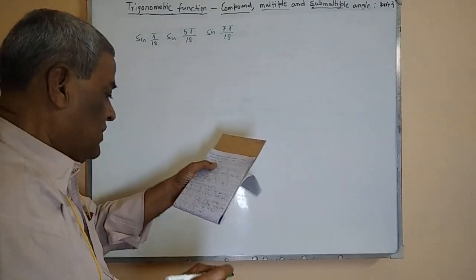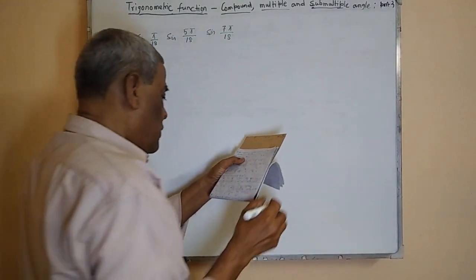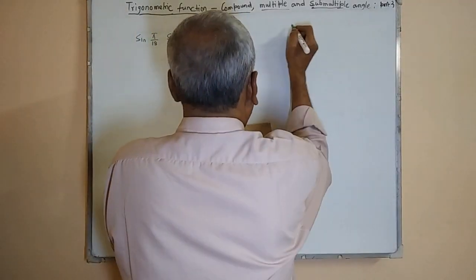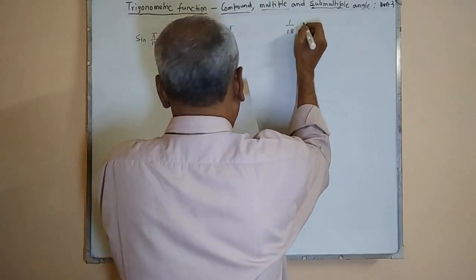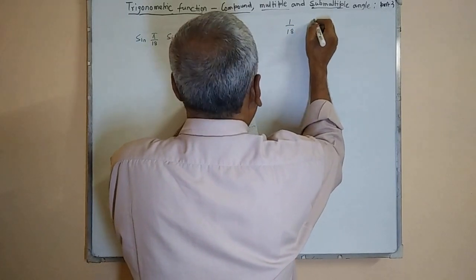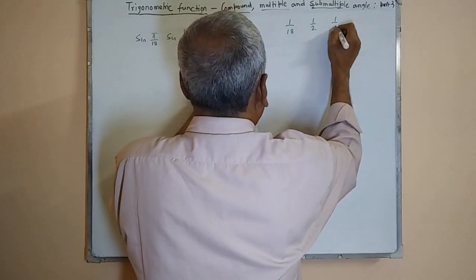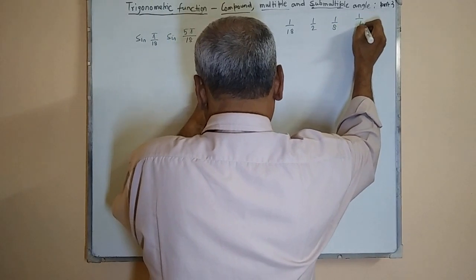The options are 1 by root 18, 1 by 18, half, 1 by 8, 1 by 4.